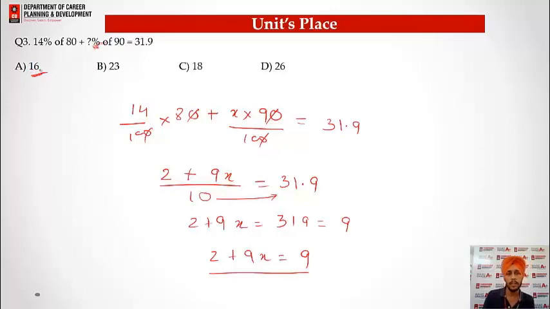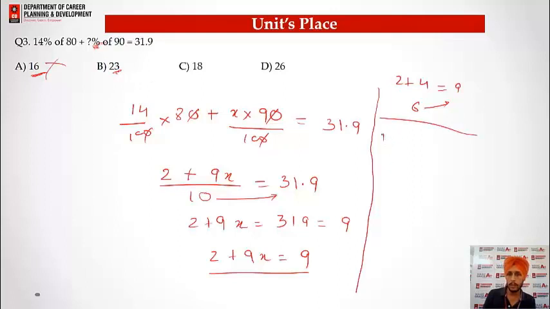The first option is 16, and the unit place is 6 only. So we will put 6. 2 plus 9 into 6, that is 54. We will write it as 4. 4 plus 2 is 6, is equal to 9. So it doesn't hold. So option A will not be our correct answer. Let's check another option, that is 3.